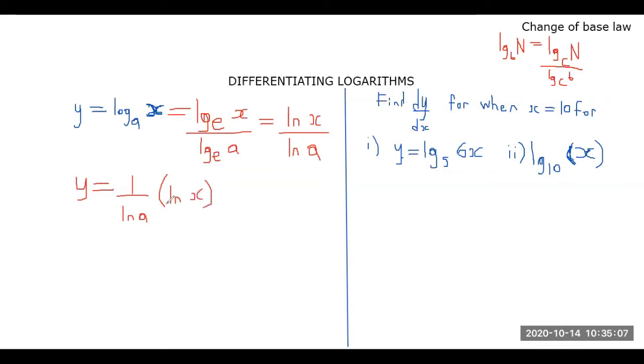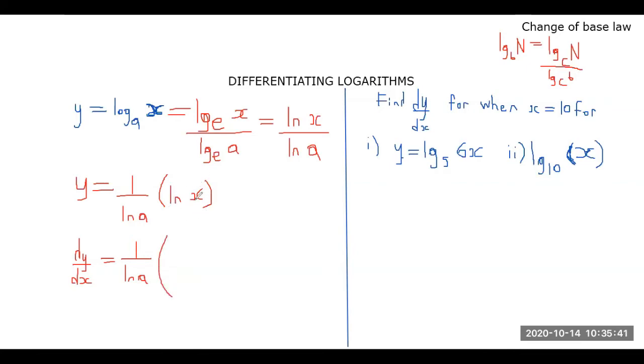Now 1 over ln a is just some constant. Think of it as k, some constant, k times ln x. And so when we differentiate, we keep the constant, 1 over ln a, times the derivative of ln x.